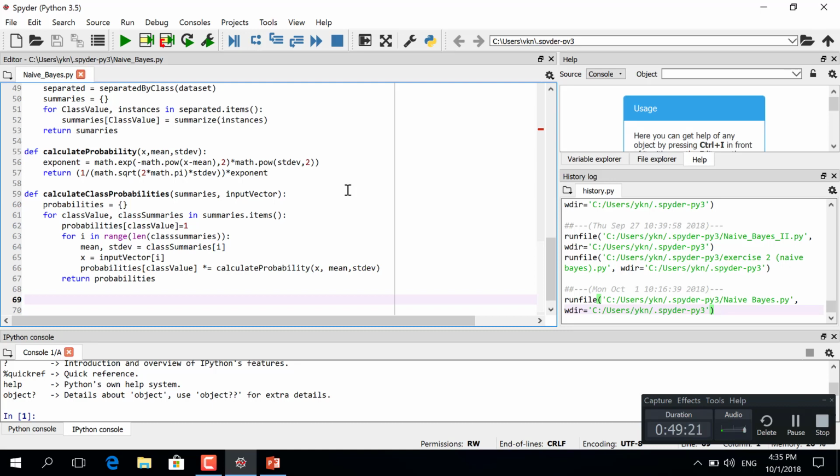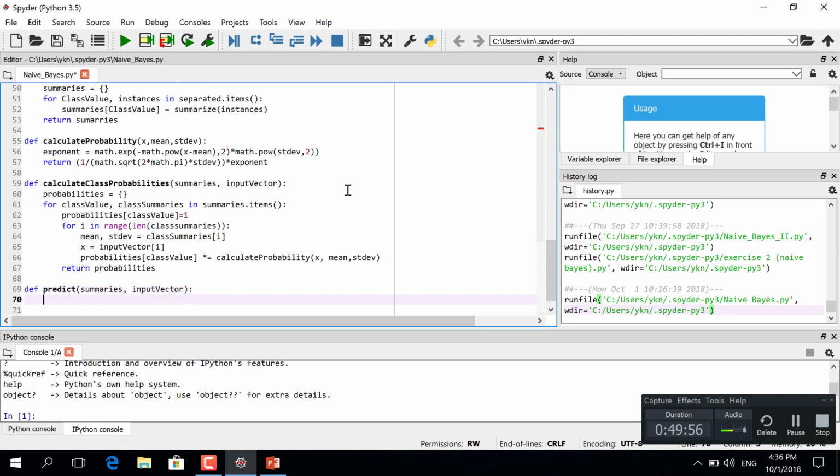Therefore the next step is that we need to define a function to make a prediction of the value of y, the independent variable, based on certain values of the features. Here we define a new function, predict, with two variables, summaries and input vector.